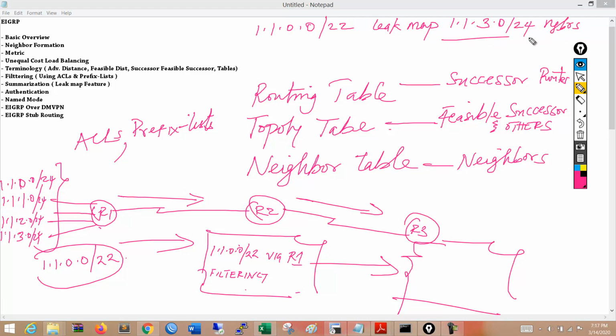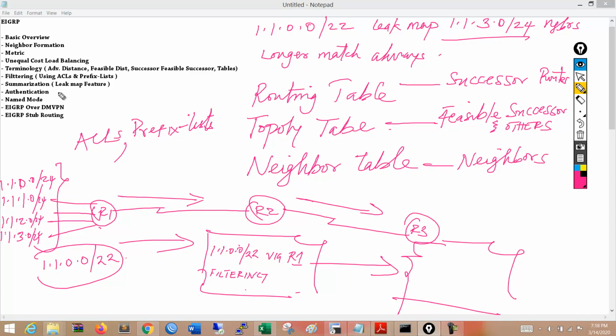That is what the leak map feature does. You leak specific routes to your neighbor even after you have summarized. Remember the rule of routing specificity, that the longer match always wins. So if you need some specific routes on your neighbor so that matching is easy, you can always leak some specific routes to your neighbor.